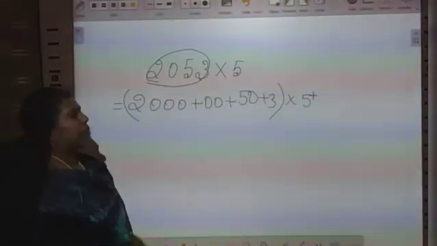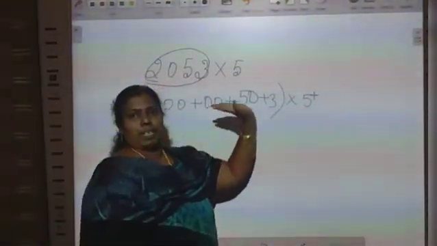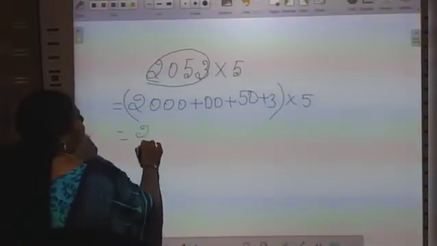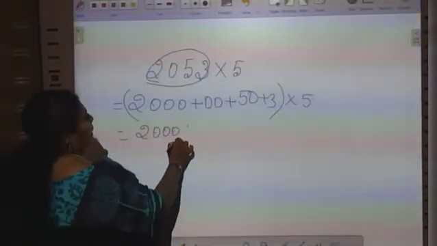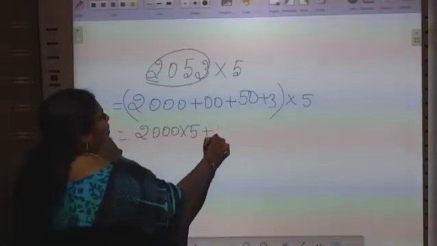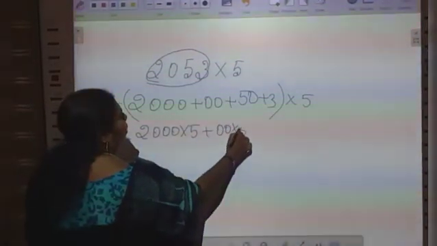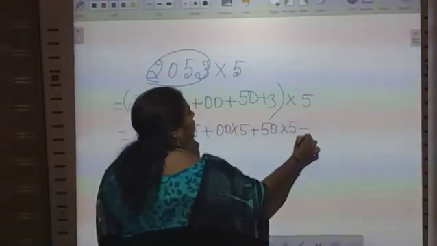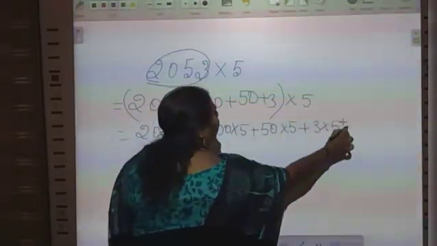Now I am going to distribute this 5. Instead, I multiply inside the bracket: 2,000 into 5 plus 0 into 5 plus 50 into 5 plus 3 into 5.